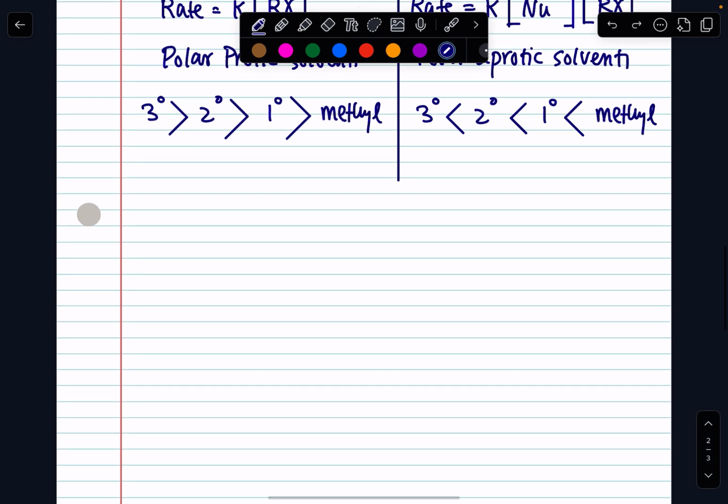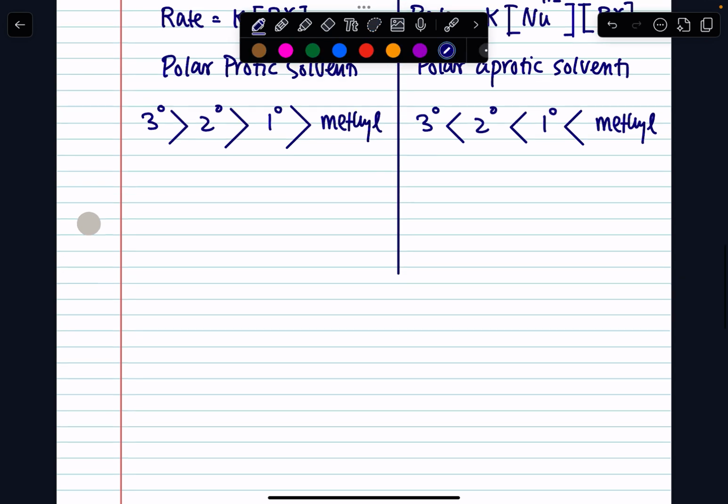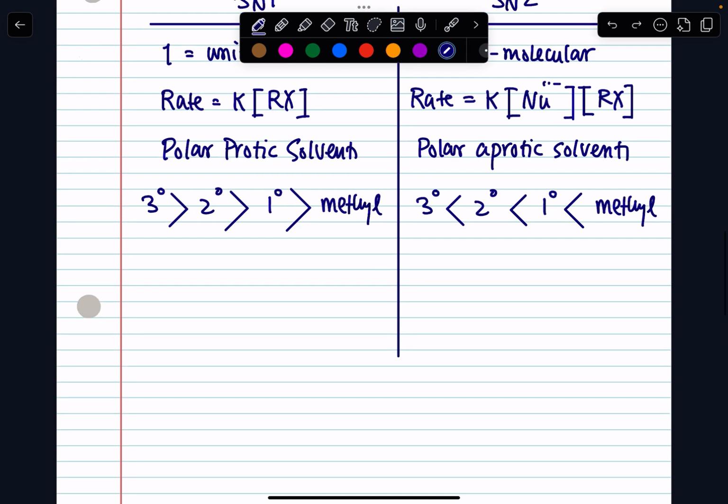In terms of the products, usually when you have SN1 reactions, the nucleophile can attack from the top and the bottom, or from both sides of the stereocenter, so you end up getting racemic mixtures. So here you get racemic products.